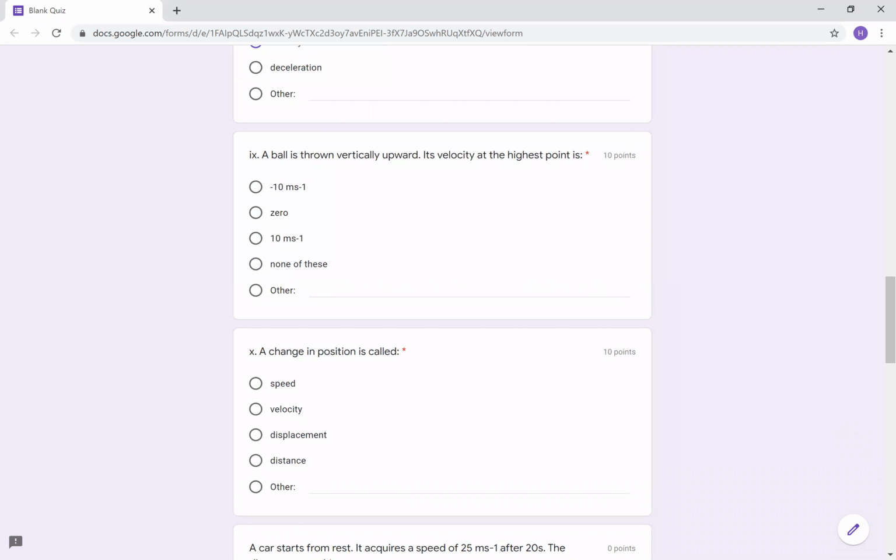Moving on to the next question: a ball is thrown vertically upwards. Its velocity at the highest point is... Now, let us explain how the answer comes into play. If you are considering the ball moving up, and this is the highest point, what will be its velocity at the highest point? Because over here at the starting point, let's say its velocity was 19.6 meters per second.